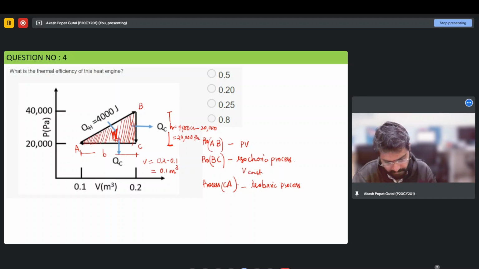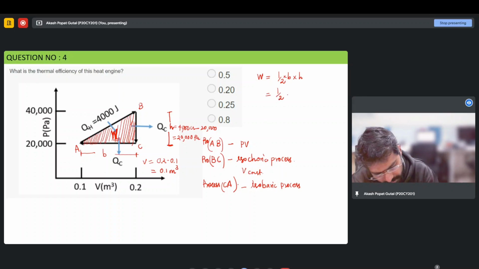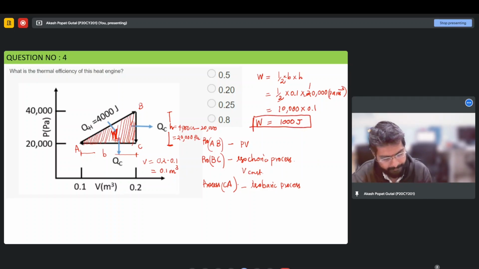And we need to calculate the area formed by this triangle, which is nothing but the work done by the cyclic process. 1/2 base into height. The base is 0.1, the height is 20,000 Pascal meter cube. So this will give us 10,000 into 0.1, nothing but 1,000 joule. This is the work done. So Pascal meter cube is the standard SI unit.